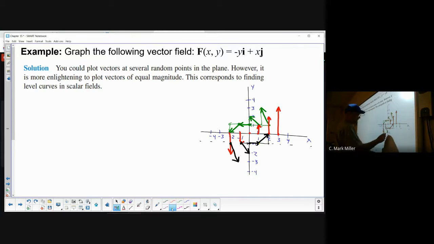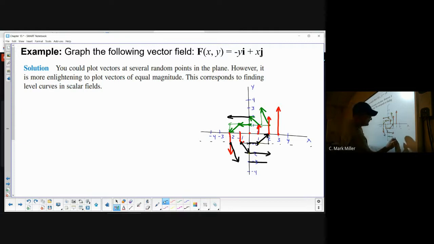How about if I go to -2, 0? How about if I go to this point right here? X is 0, so y is -2. So that's going to be 2 in the x direction, like that. See how this is working? If you went up here to 2, it'll probably be like that. So you're starting to see a spiral pattern emerge.